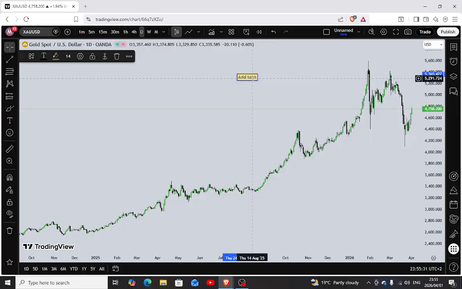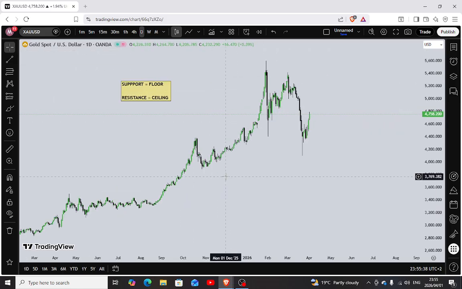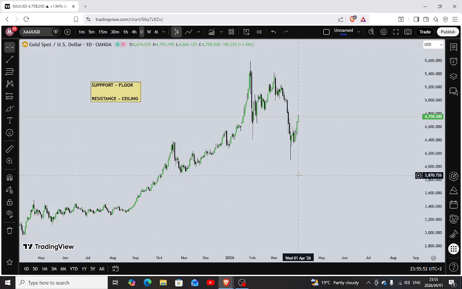So support is the floor and resistance is the ceiling, meaning support is below, down, and resistance is up top.